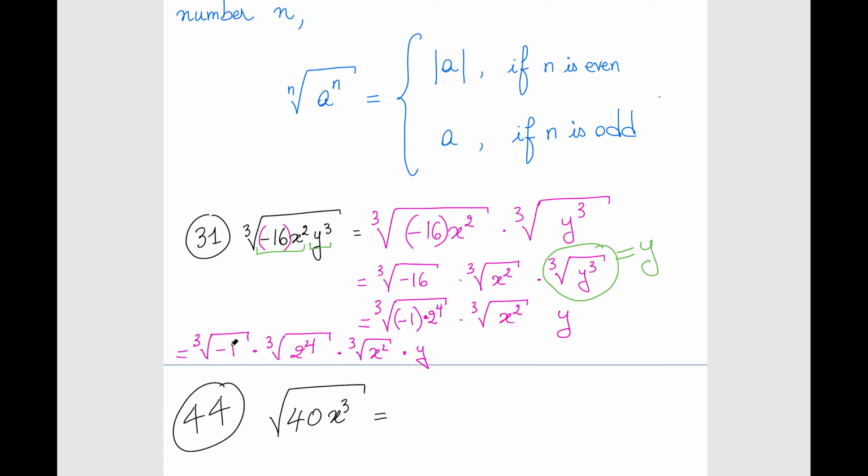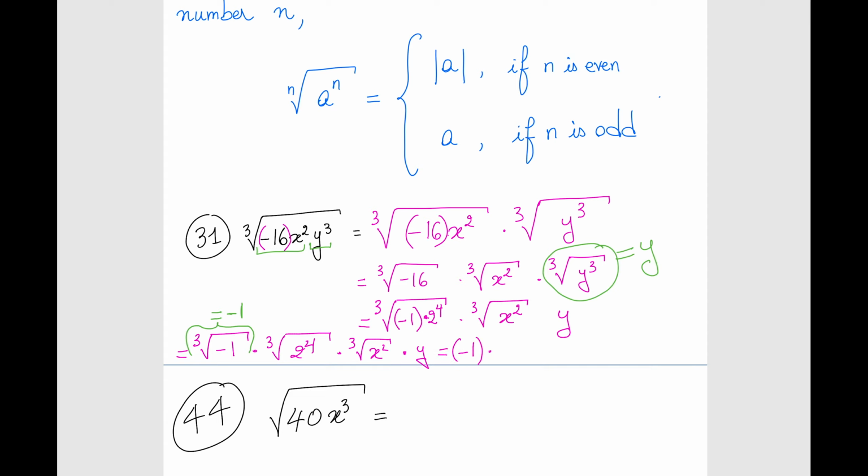All right. And what's the third root of negative 1? What's the real number that, once you multiply it by itself 3 times, you get negative 1? That's negative 1. How about this? Well, how should I do this?